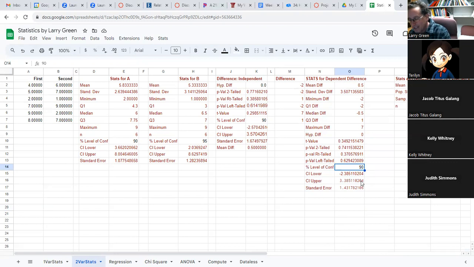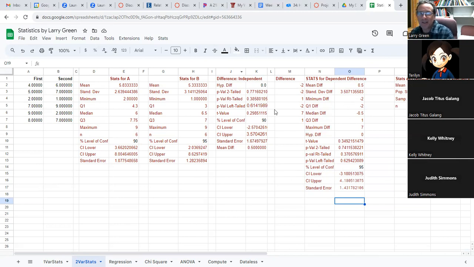You can change that 90 to say 95. And then it changes. Do you see that? So it's very easy to change the confidence level, 90, 95, 99. You just type those numbers in. And unlike the other calculator, this one you actually type 95, not 0.95. That's just a note. So it's a percent level of confidence, not the decimal level.